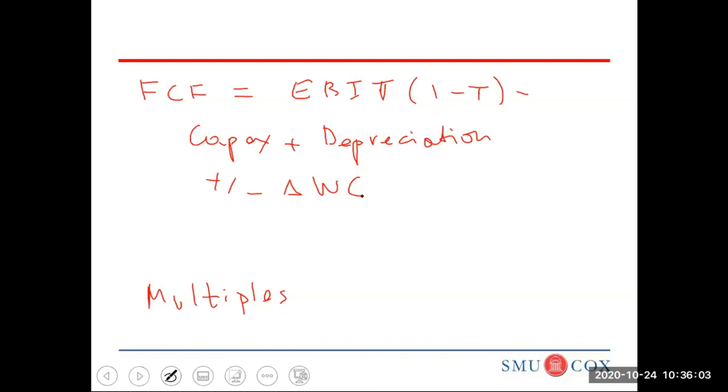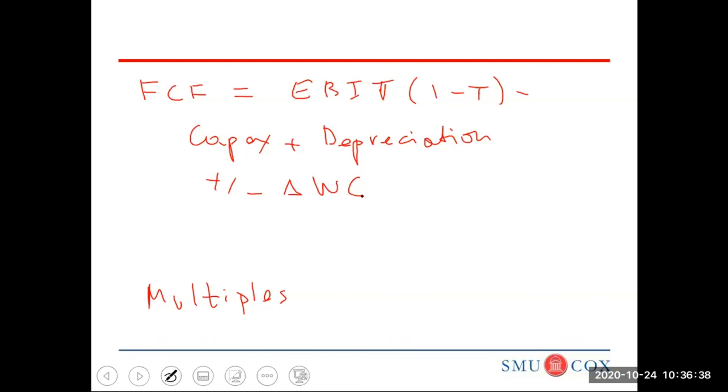Right. Yeah, EBIT is actually fairly simple. Sometimes companies call it something a little different, like operating profit, or sometimes they call it earnings before interest and taxes. You may have to calculate it, but sometimes you can just find it on the income statement. And then you have to take it after tax, so you multiply it by 1 minus the tax rate.